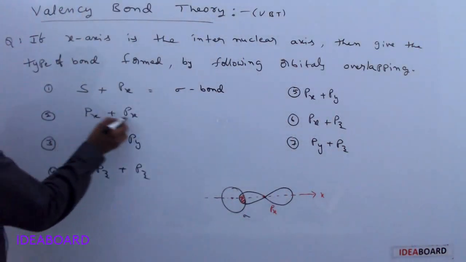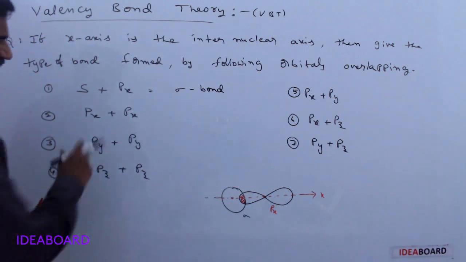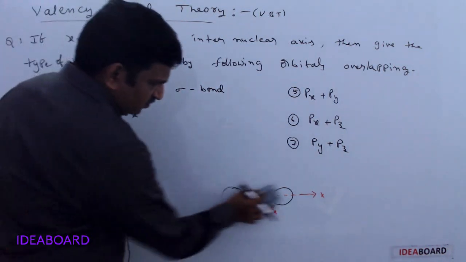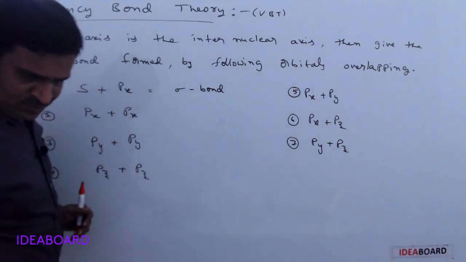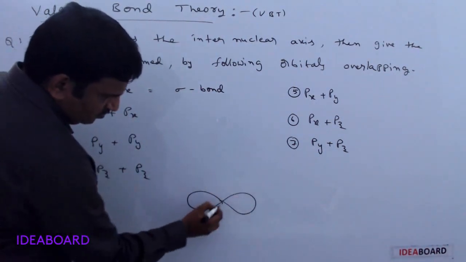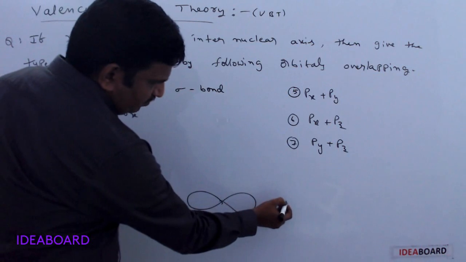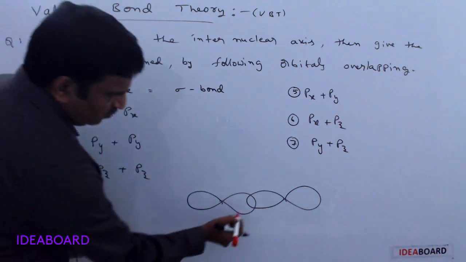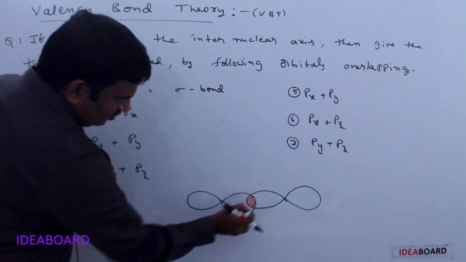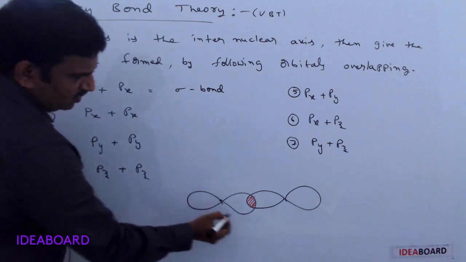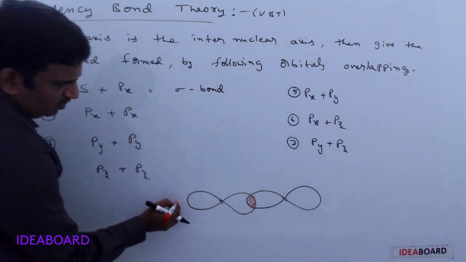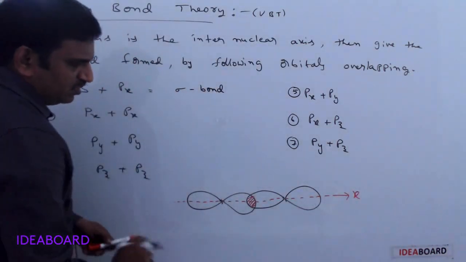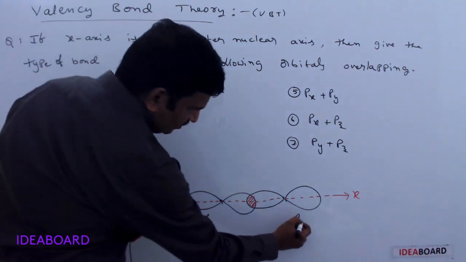Okay, and next, px orbital overlapping with px. How does px orbital overlapping give a bond? Just we will see. Here this is a px orbital, and this is the px orbital of another atom. So here the overlapping has occurred and a bond is formed. This is a nucleus and this is a nucleus, for example, and this is the internuclear axis, the x-axis, with a px orbital and another px orbital.